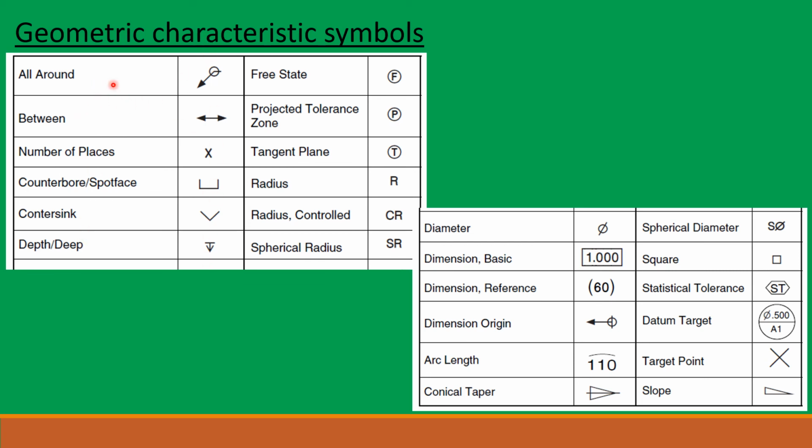So first one is all around, between, number of places, counterbore or spot face, countersink, depth or deep, free state, projected tolerance zone, target plane, radius, controlled radius, spherical radius, diameter, basic dimension, reference dimension, origin of dimension, arc length, conical taper, spherical diameter, square, statistical tolerance, datum target, target point, slope.